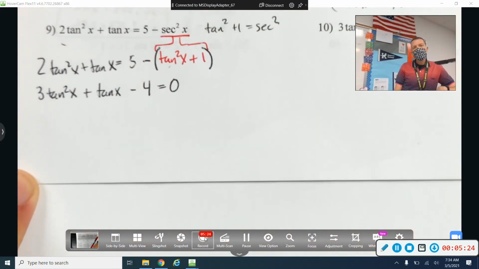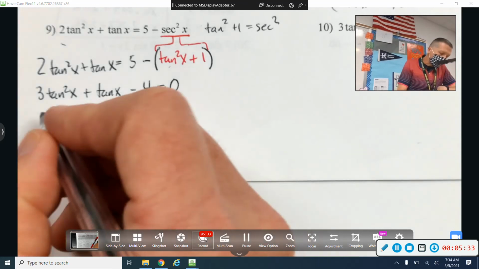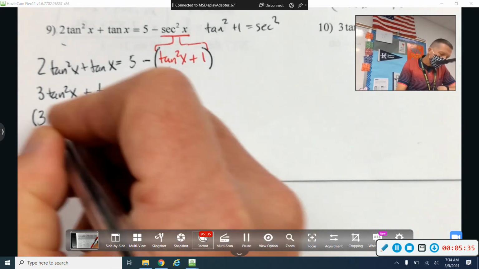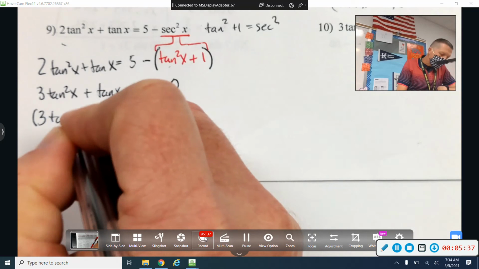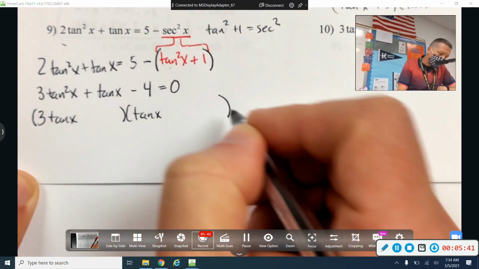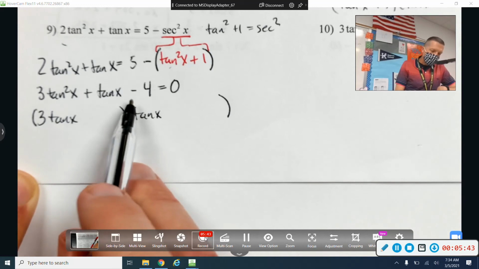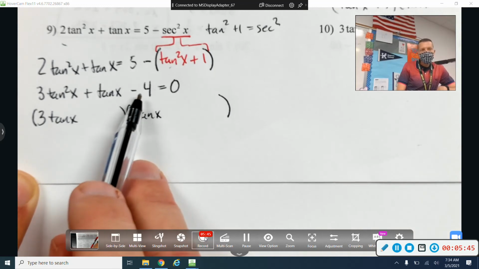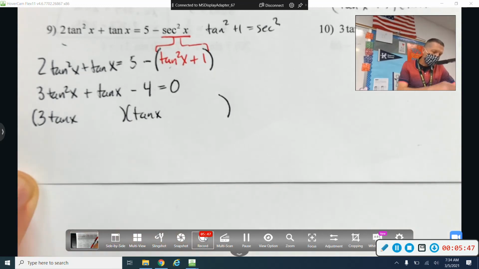So a couple of algebra steps in one there, trying to save space. Now it's a factoring problem. It's got to be 3 tan x and tan x. The signs need to be different to get to a negative 4, and they need to add to a positive 1. And I'm switching to a pencil because it's guess and check time now.